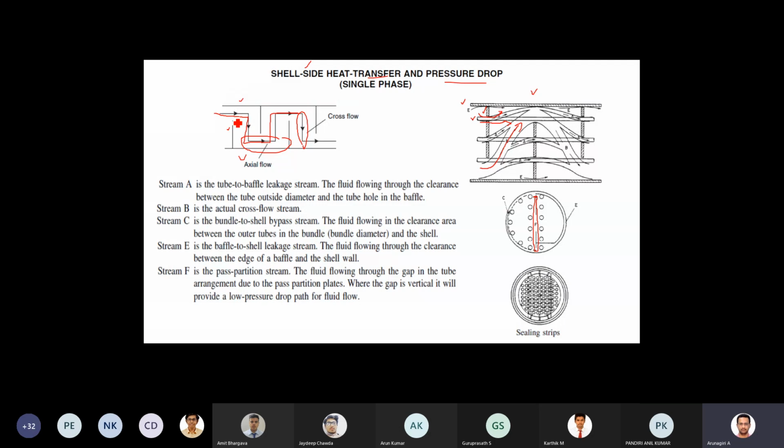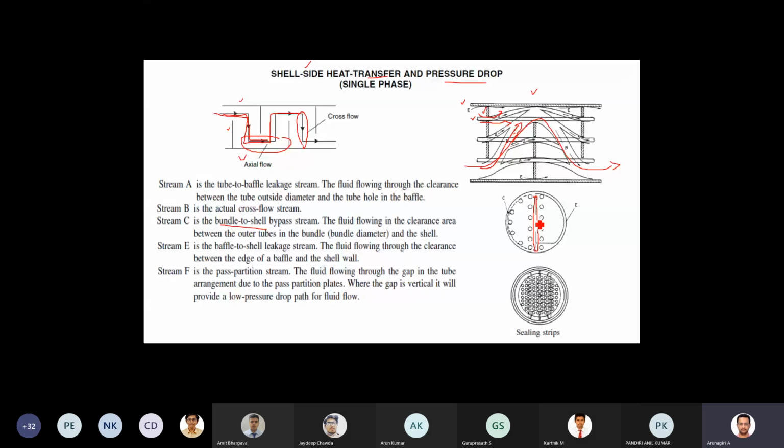Stream C: we have clearance between the tube bundle and the shell, so bundle to shell. The liquid will flow through this clearance area between the outer tubes of the bundle and the shell diameter. This clearance will vary with the type of exchanger: it may be a fixed tube sheet heat exchanger, a U-tube heat exchanger, a pull through type exchanger, a split ring or floating head exchanger.